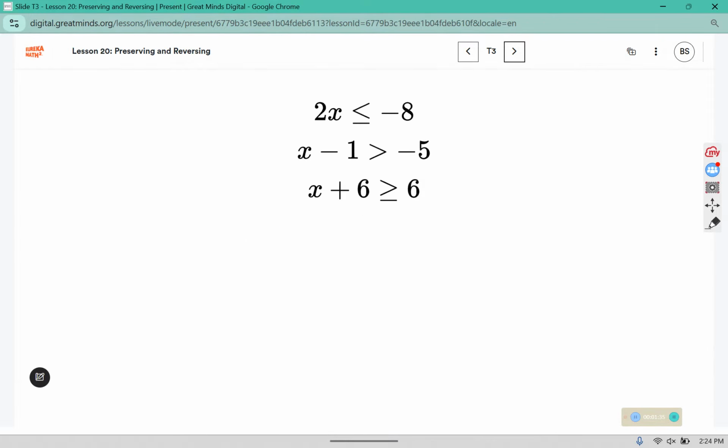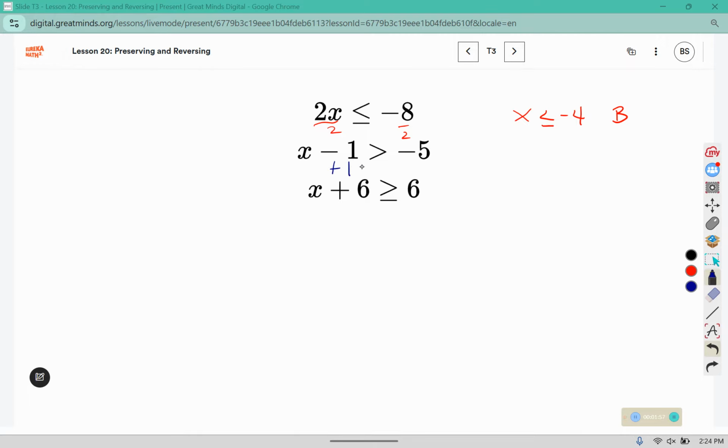Here, these are supposed to be matched up with the graphs for the inequalities on the previous slide. To solve these, we would divide by 2 on both sides, and that would give us x is less than or equal to -4. That would be the second one because it was the only one that went to the left.